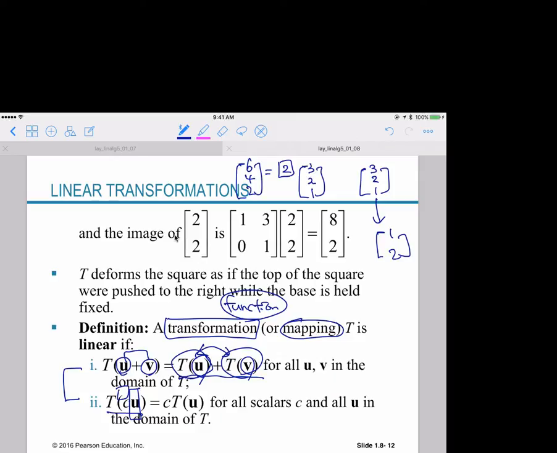If we give this 6, 4, 2 as input and the output is 2, 4, which is exactly 2 times the output of the first vector, then that satisfies this second condition.